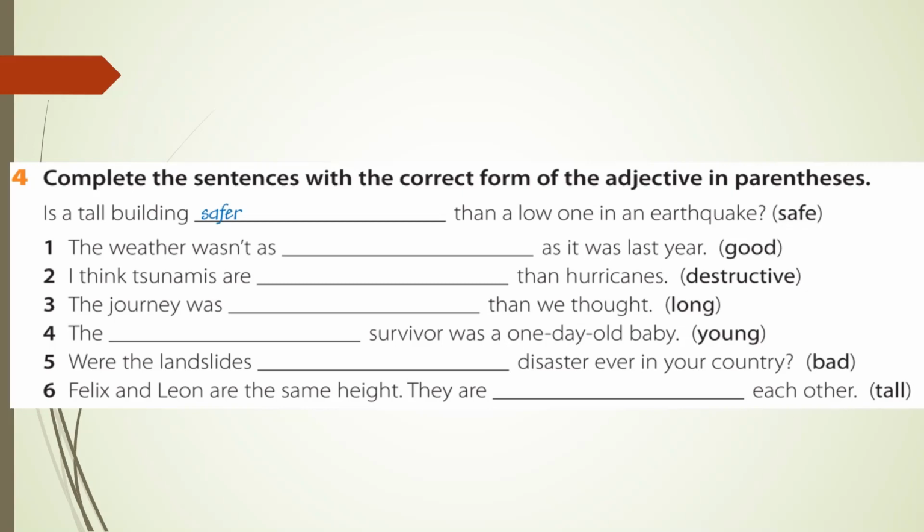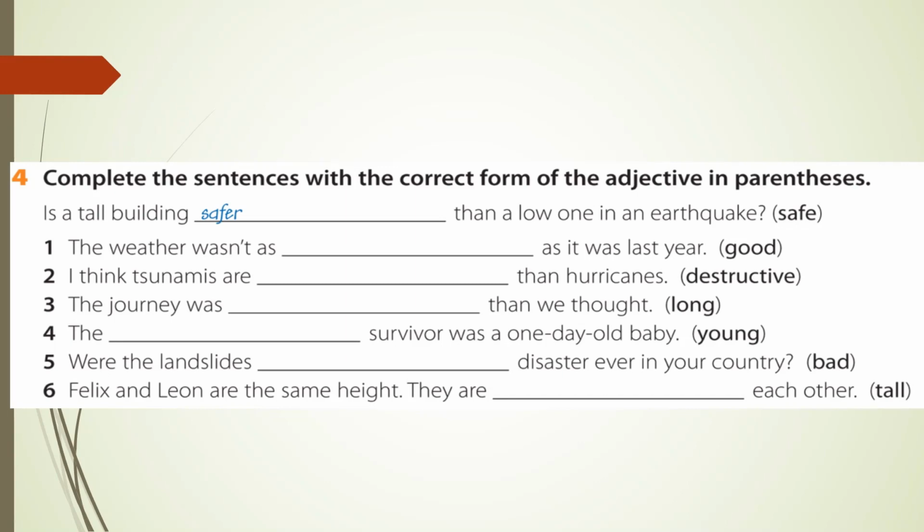So the comparative form, we divide it in two different ways: the short and the long adjectives. The same works for superlative forms. We have the short and the long adjectives, okay? For the short adjectives, for comparative forms, we have to add er.